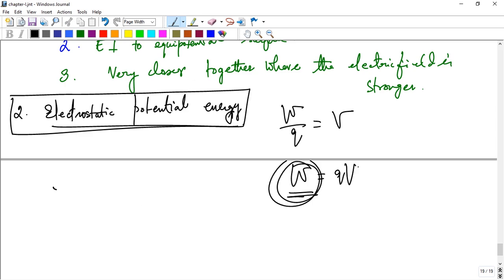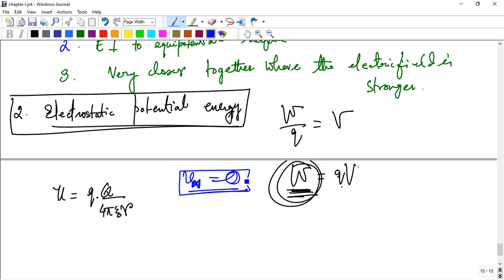So the potential energy U equals Q, the test charge, times V, the potential due to the source charge, which is q over 4 pi epsilon naught R. Keep in mind that the potential at infinity is 0, and similarly the potential energy at infinity is also 0. So the final answer is U equals Q times q over 4 pi epsilon naught times R, where 1 over 4 pi epsilon naught is the constant.